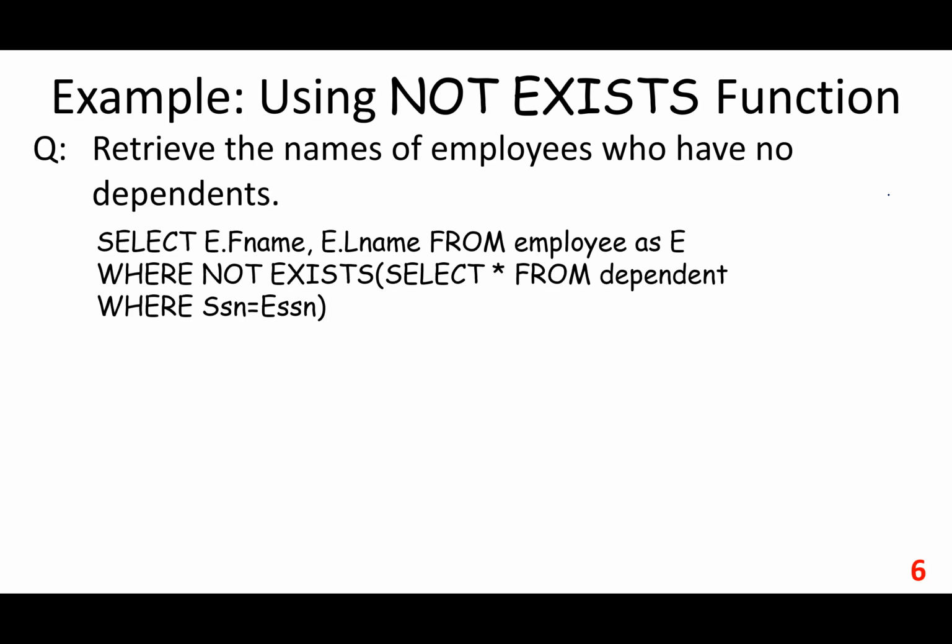But you can see for this kind of question, if we want to get control on the number of dependents, then you cannot use the exists function, because with exists you can never control the number of dependents, only 0 or non-zero, these two cases.